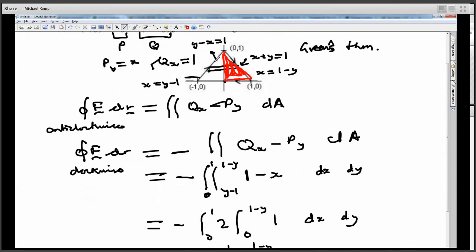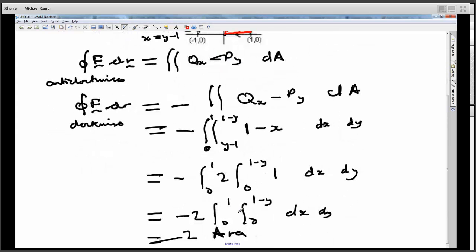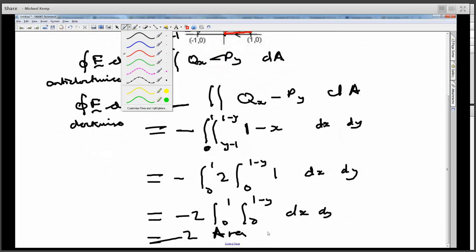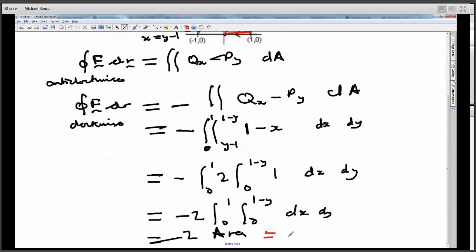The area of that triangle is length 1, height 1, so it's going to be equal to minus 2 times 1 times 1 times a half, which gives you the answer of minus 1.